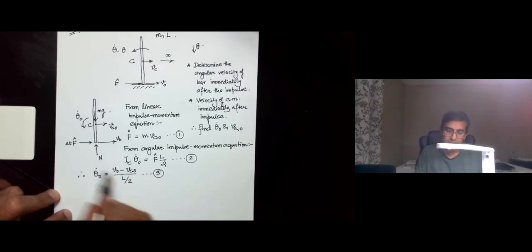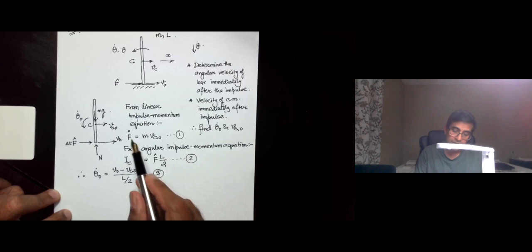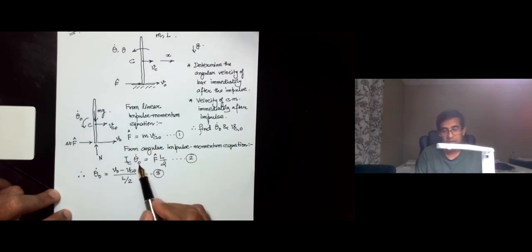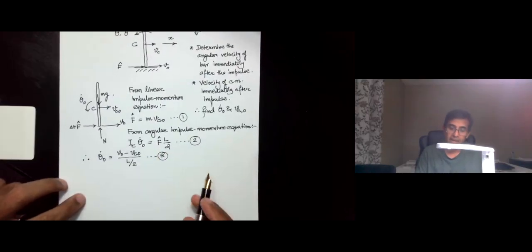Okay, but this expression is not yet what we are looking for, because we don't know the value of vc naught. So there are three unknowns: f hat, vc naught, and theta dot naught. So we need to eliminate f hat and find the value of vc naught and theta dot naught.